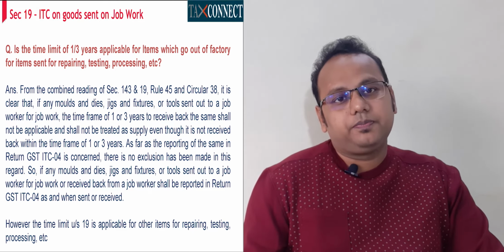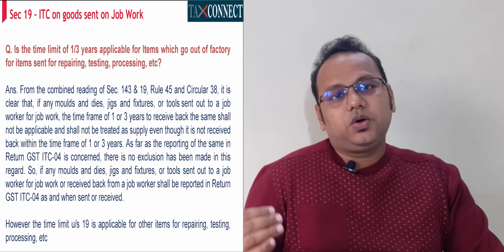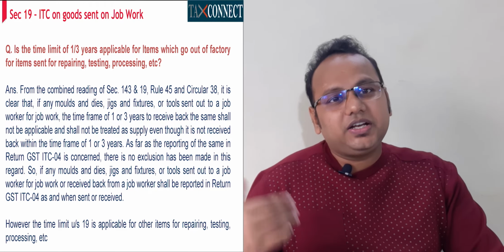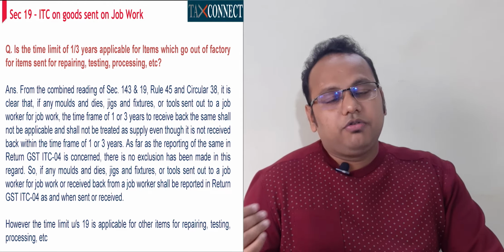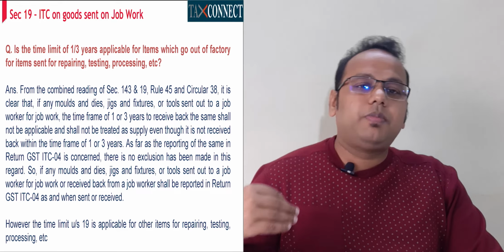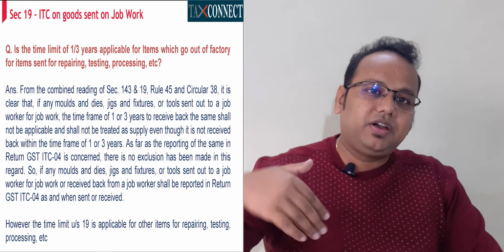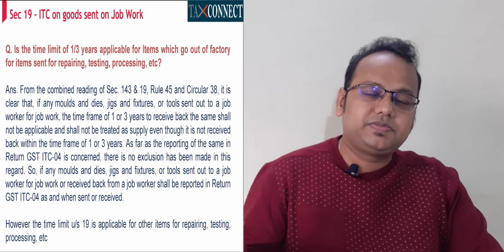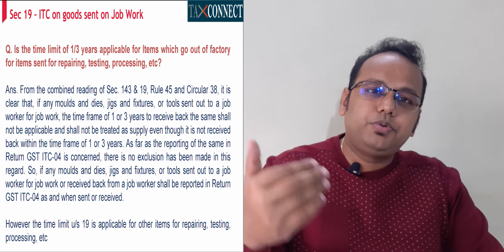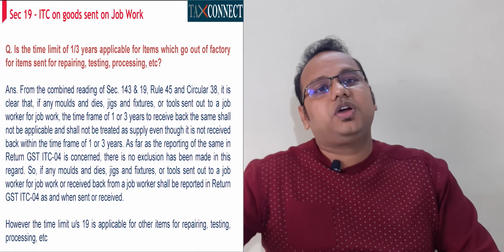Next critical issue is in the case of job work. Now the question is, would the time period under section 19 for movement of goods from a factory to a job worker's premises, the period of 1 year or 3 years for inputs or capital goods, be applicable for molds, dies, jigs, fixtures or any other item which is going out for repairing?